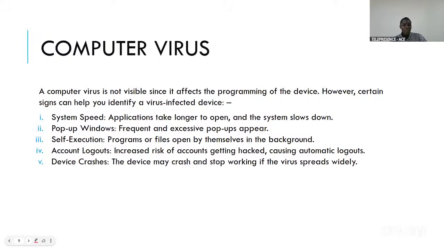The system takes longer time to open. When you are trying to open any app on your device, it takes a long time to open, and the system itself slows down. So once the efficiency of your system speed reduces, then such system may be infected by virus.